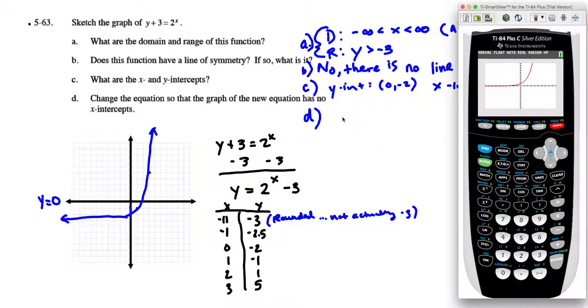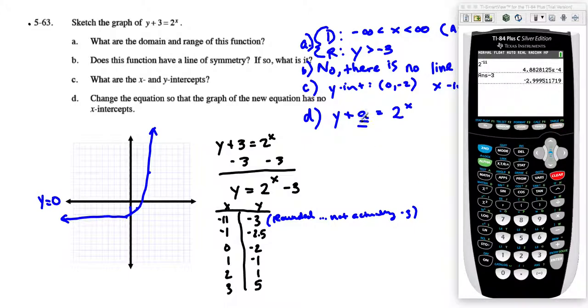So what we can end up saying here is that if we started out with y plus a is equal to 2 to the power of x. In fact, let's change that to k, because I think you're used to seeing it as k.